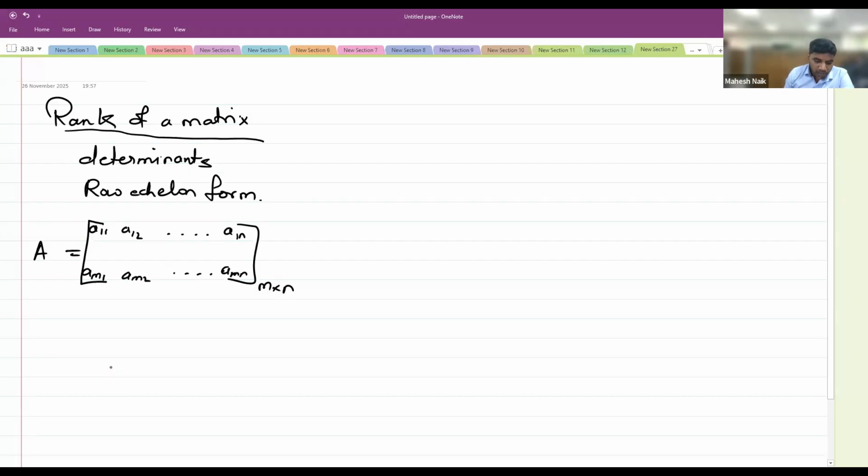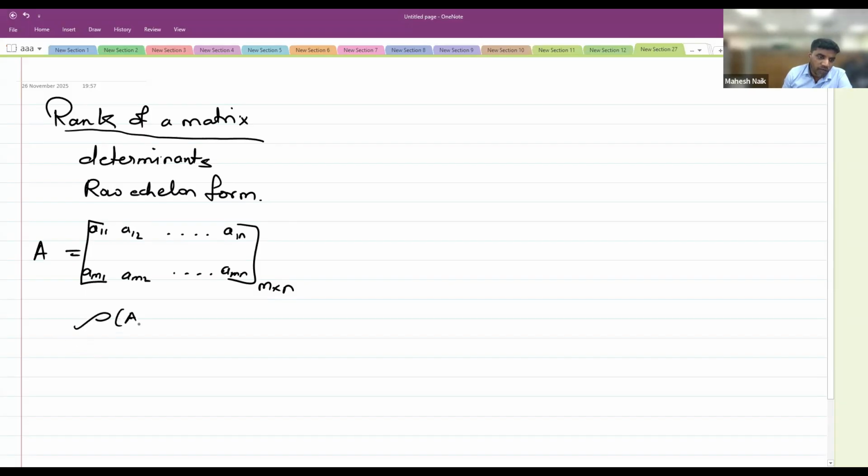Rank is a very important characteristic because it talks about how distinct the data is in the matrix. It helps in recognizing if there is any kind of duplicacy, redundancy, or dependency in the data. So rank helps in understanding the overall element structure of the matrix, and it is denoted by the letter rho.